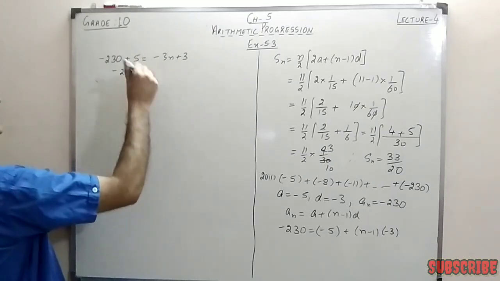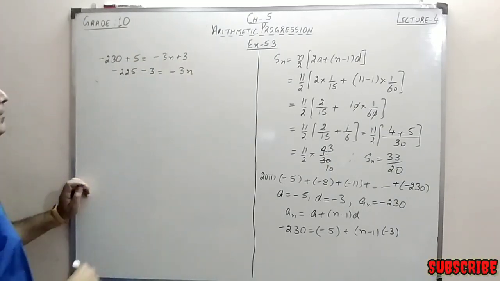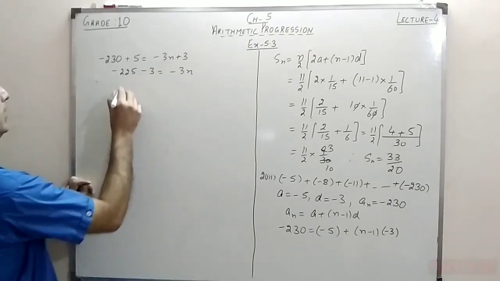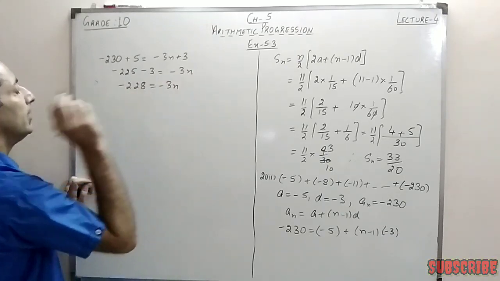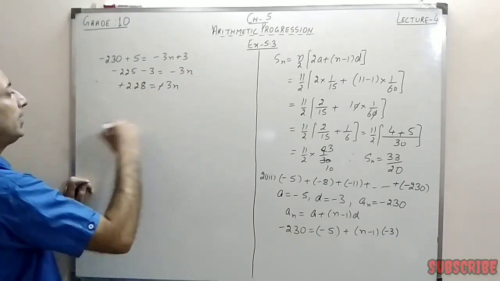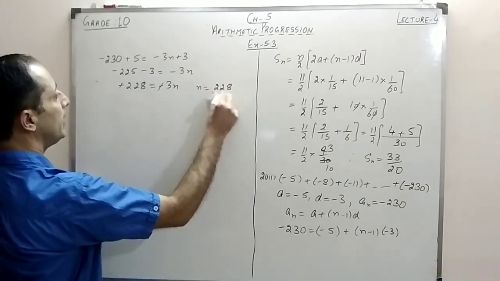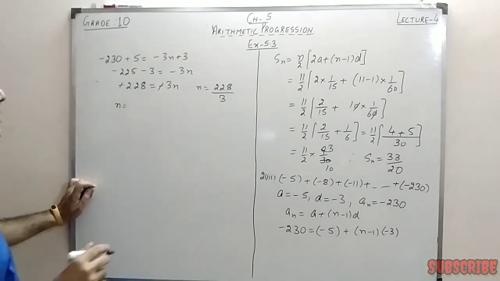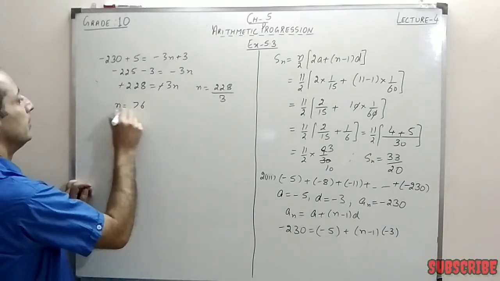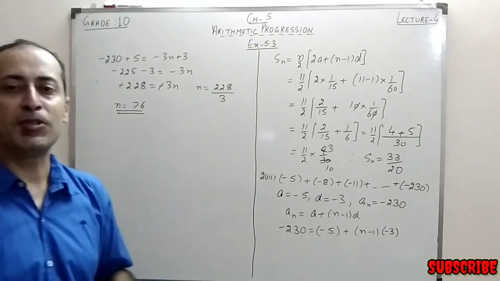This 3 I can shift here. This becomes minus 228 equals minus 3n. Now I cancel the negative sign and I get n equals 228 upon 3, and the value of n comes out to be, I hope, 76, right?